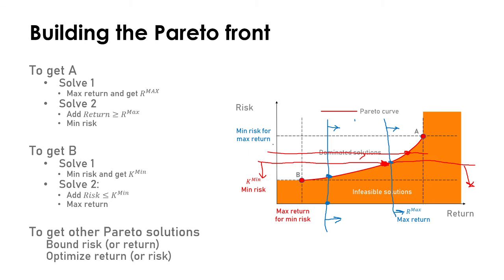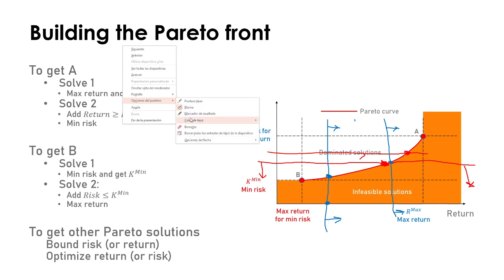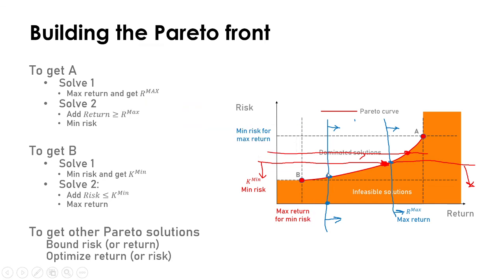For example, if we are using the second approach, we bound the return starting with the maximum return you can get for the minimum risk. You can go all the way from there, moving to the right till you get to the maximum return.